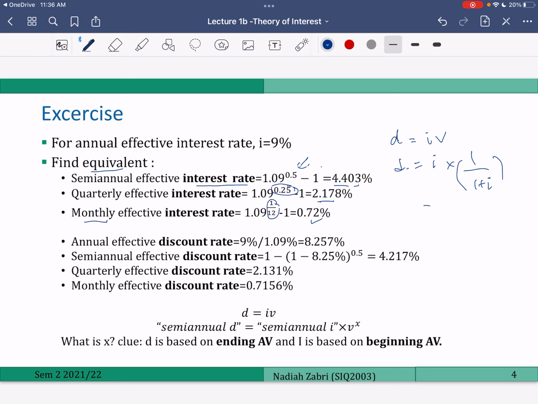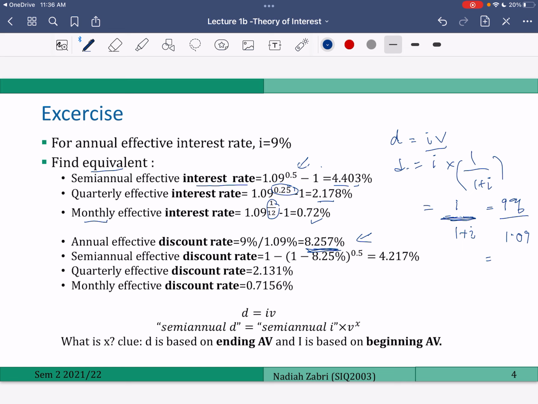Or we can also write it as I over 1 plus I. So sometimes we write D is equal to I over 1 plus I. Sometimes we write it as D equals IV. Okay. So in this case, we will do I divided by 1 plus I equals 8.257%.